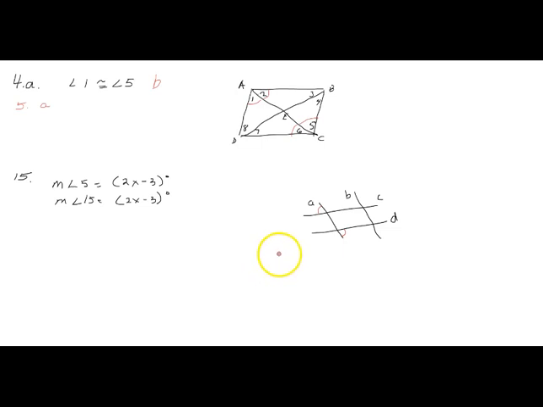And you know what these 2 angles are. We now have to state the converse of the theorem, not just the theorem. So for 15, this shows you that line C and line D would be parallel. So we would write that.